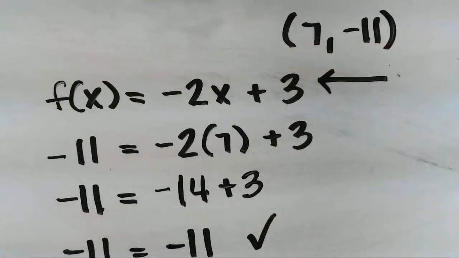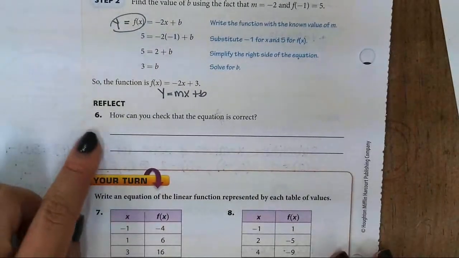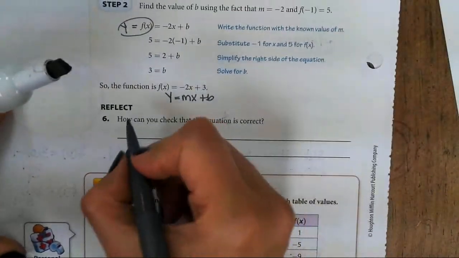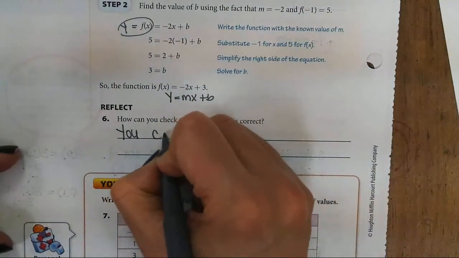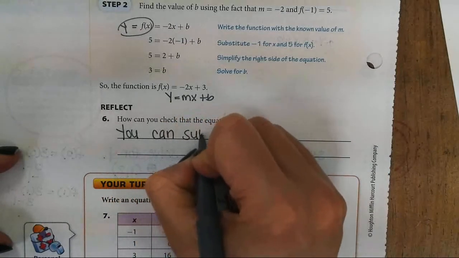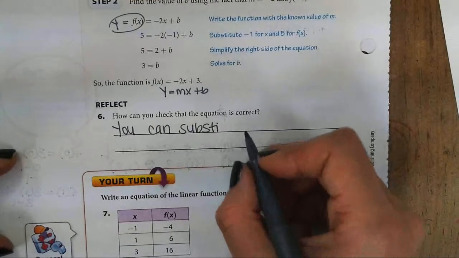so that I now know that my original equation that I came up with is true. Okay? So what you would write down here for your reflect question is you can substitute a point and solve to see if it's a true statement. So you can substitute, and write this down, guys. I know a lot of you hate writing it down, but you better be writing it.